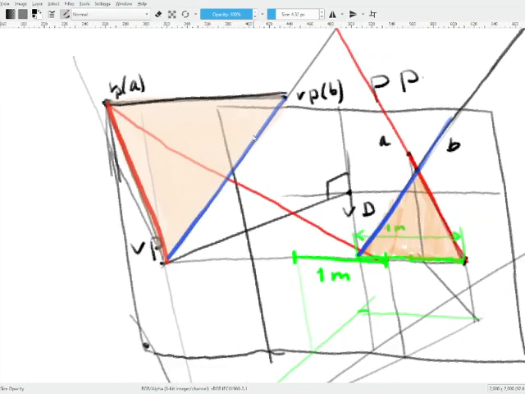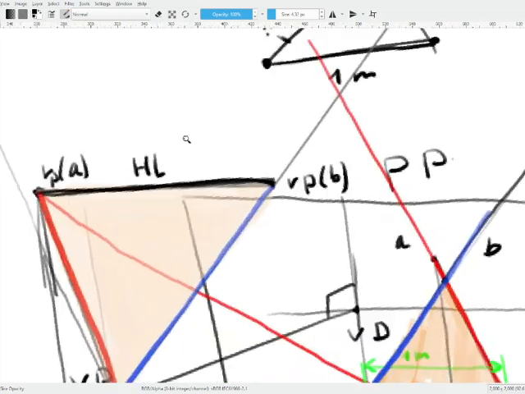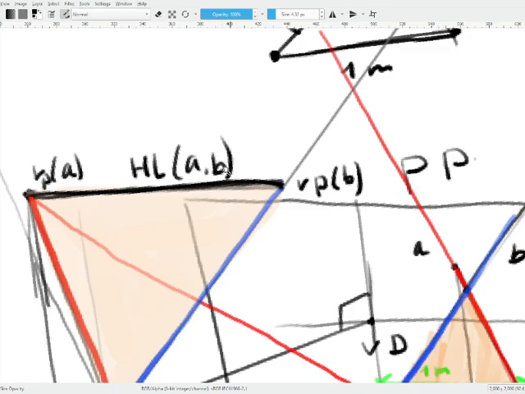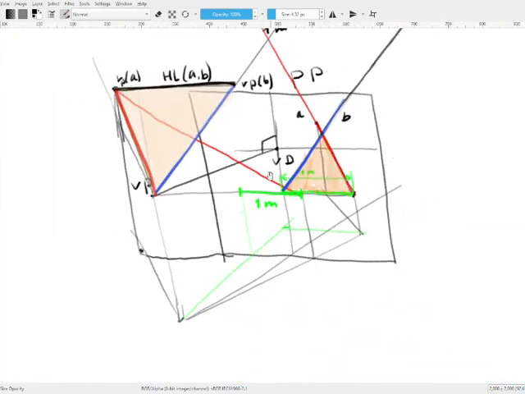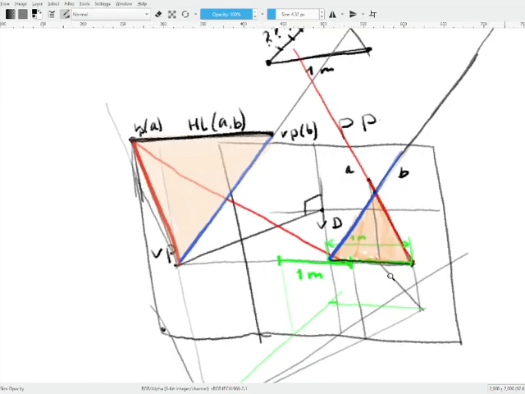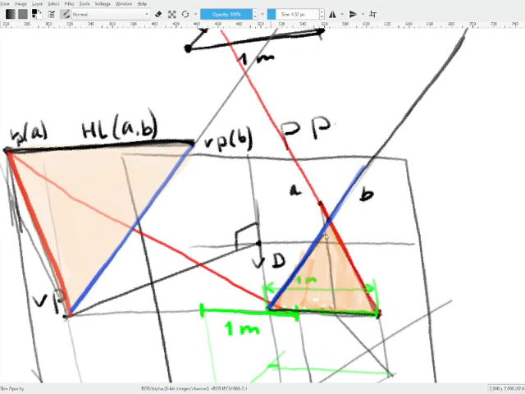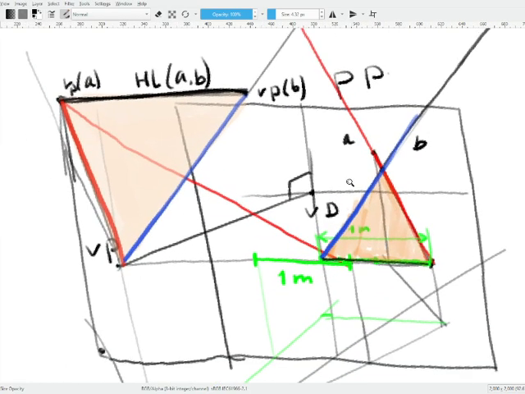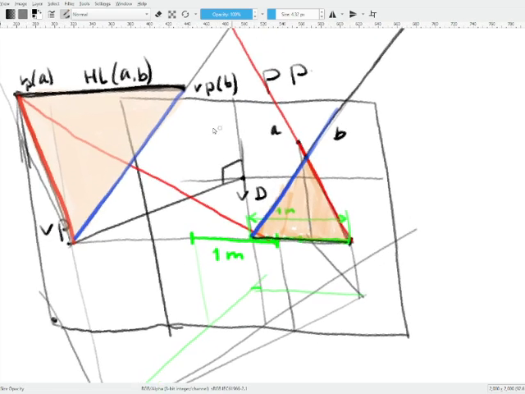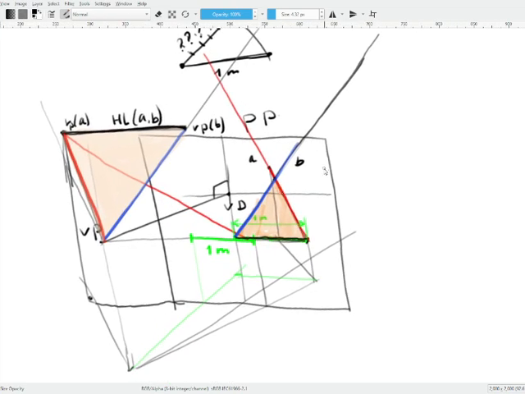Why? Because this black line, which we say is a horizon line for AB, is parallel to this green line by construction of our horizon, just by construction, because we constructed this green line as a parallel line to the picture plane.